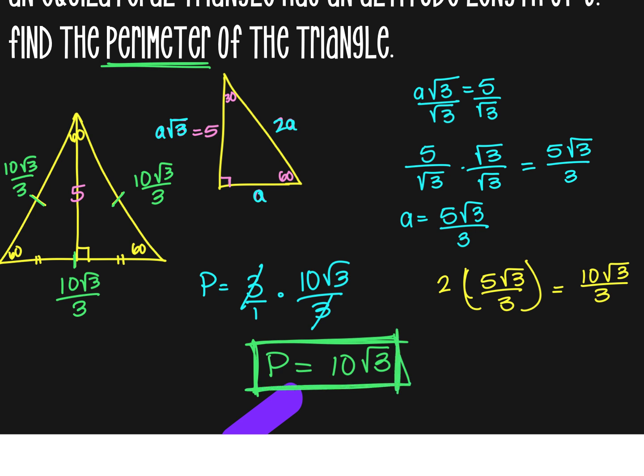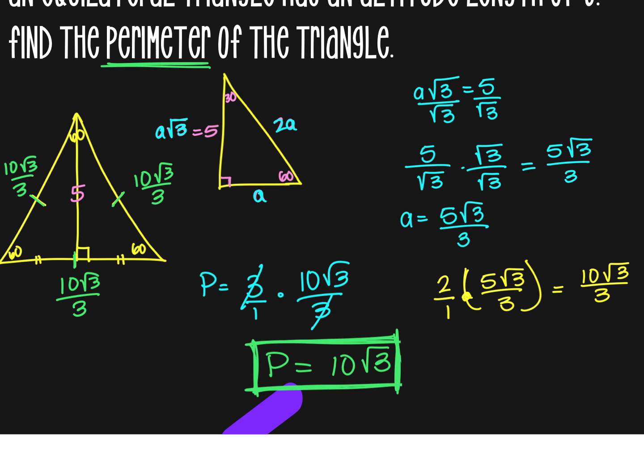How did you get that? Where does this come from? Questions, comments, concerns? Questions on this one? Yes. Same thing as before, just think of it as 2 over 1 because they're fractions.